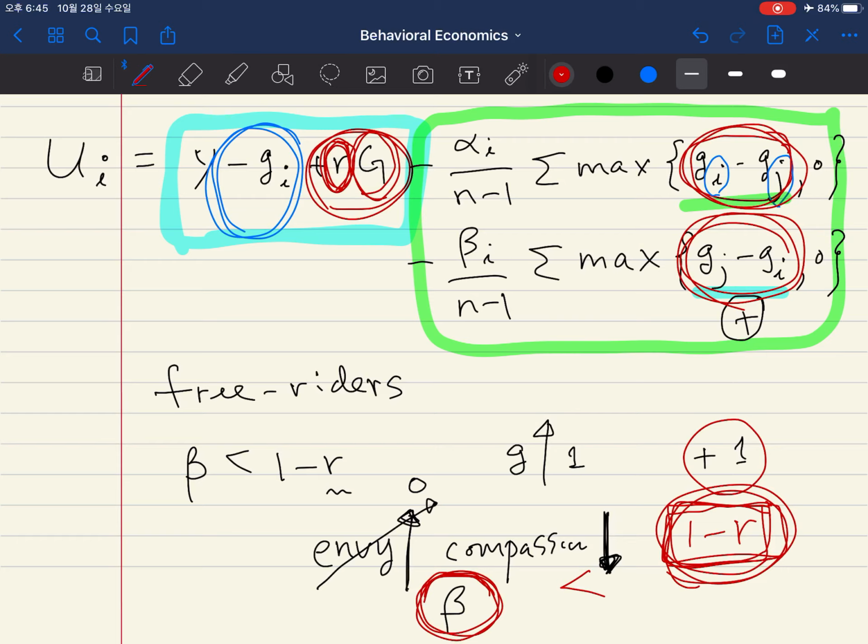Such an individual wants to contribute nothing. So eventually, he's going to free ride by having contribution equal to 0.